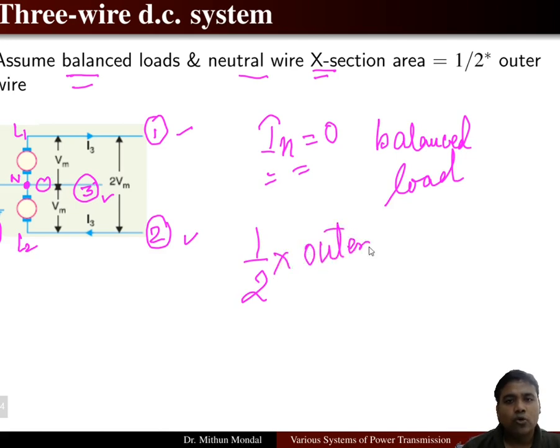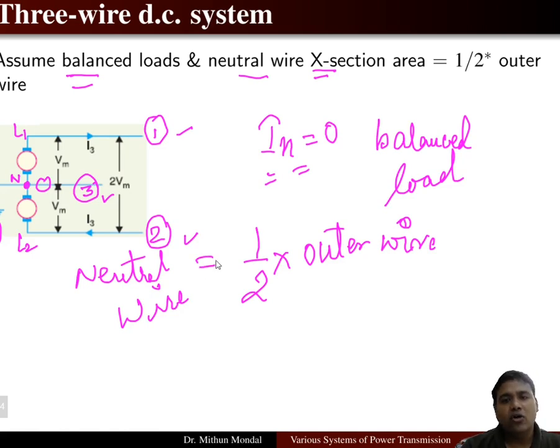So both outer wires are same, and the neutral wire cross-sectional area is half of any of the outer wire. 1 and 2 area is same. So half of the outer wire.